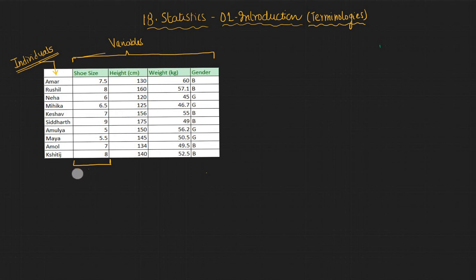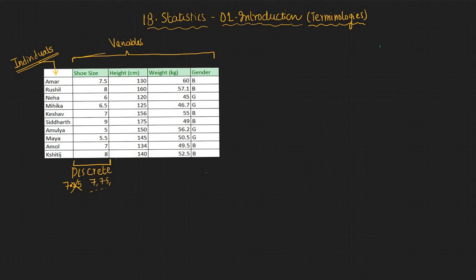Really sorry about that. Now when we say discrete, what do we mean by discrete? It can take only specific values, right? You cannot have a shoe size of 7.25. This is not possible. You can take only 7, 7.5 and so on. So you can't have any arbitrary values.